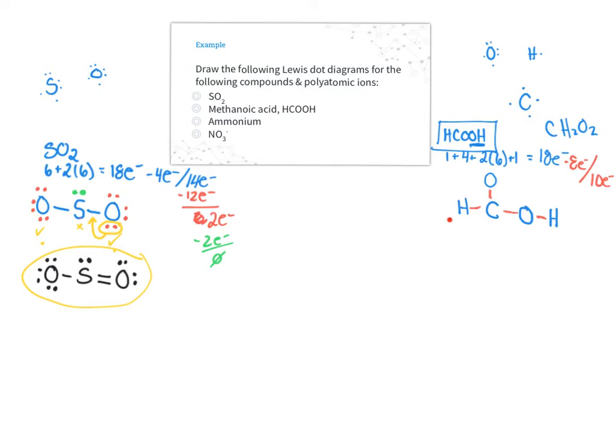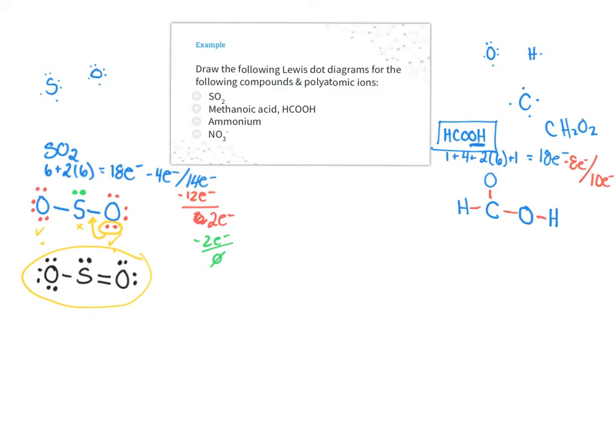My first question is, is hydrogen happy? Hydrogen actually only wants to bond once. So we don't need to fill up hydrogen's octet. It would be incorrect to draw electrons around hydrogen like this, so we don't do that. What we're going to do is fill up other atoms instead.